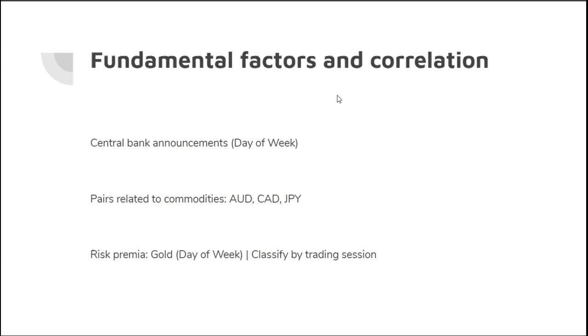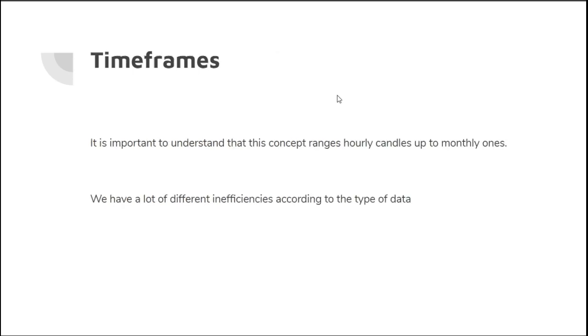This is an important clue, and I can assure you that if you are going to seek some patterns classifying by trading sessions, you are going to find something very interesting in some assets. I'm going to keep my mouth shut about that, so you have some homework to do here, but do that after this video ends.